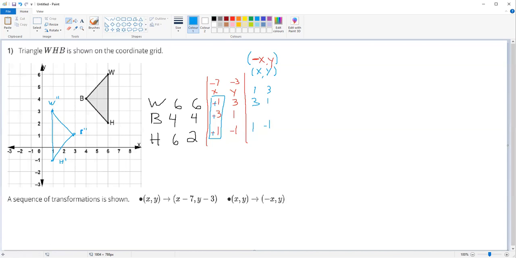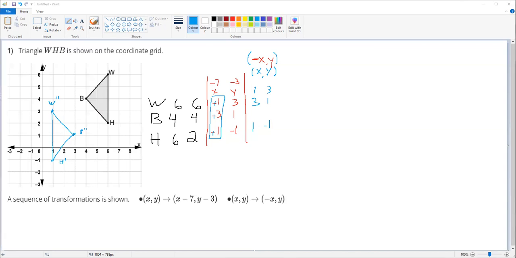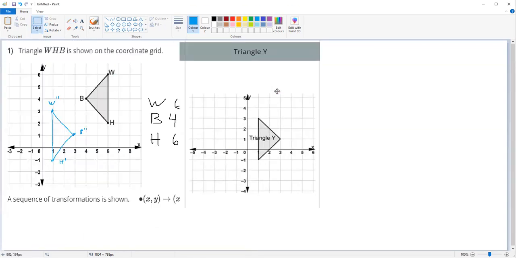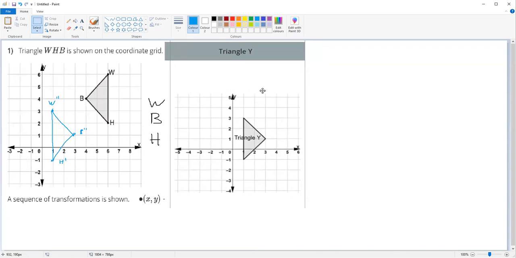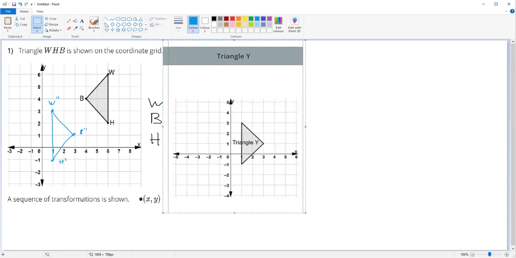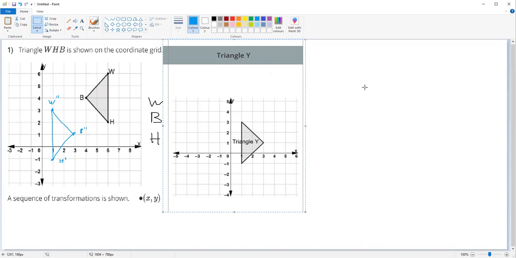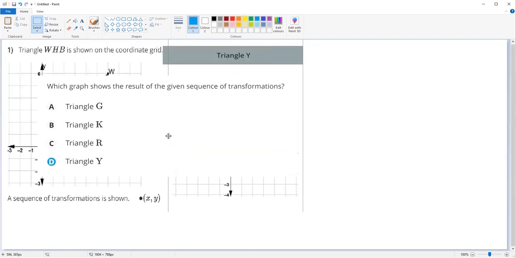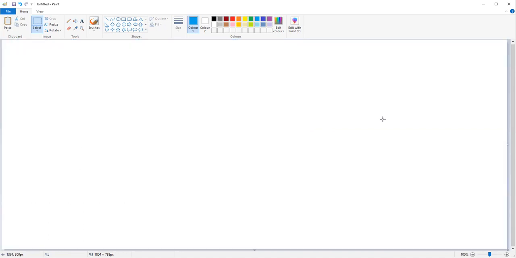Well, that was triangle Y, so that ended up being option D. Triangle Y was option D. Oh yeah, that was D. So anyway, that was the first one.